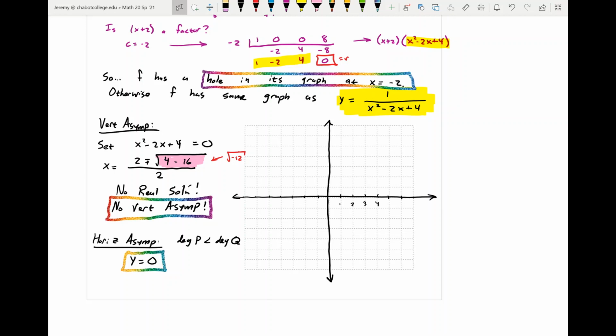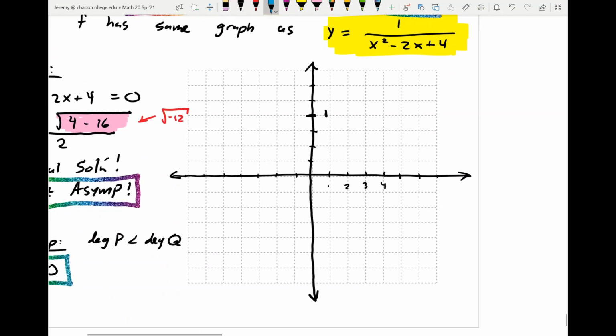So I will set my scale so that each of these tick marks is a quarter. That means that this right here is going to be 1, and that's going to be 1/4, 1/2, 3/4, 1 1/4, 1 1/2, and so on. Then I can put my y-intercept right there.